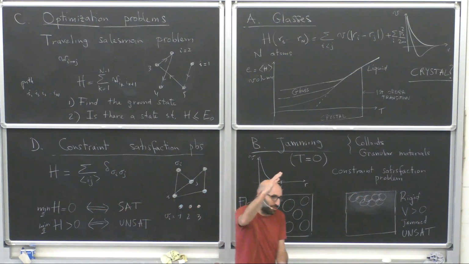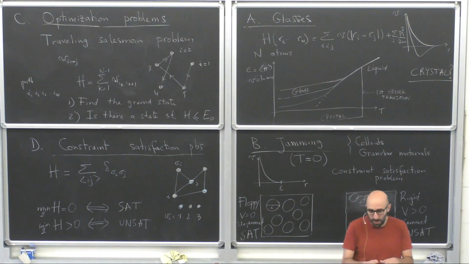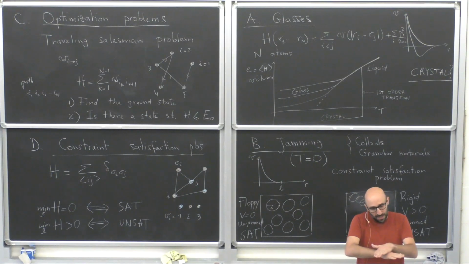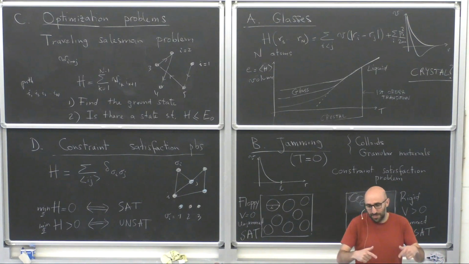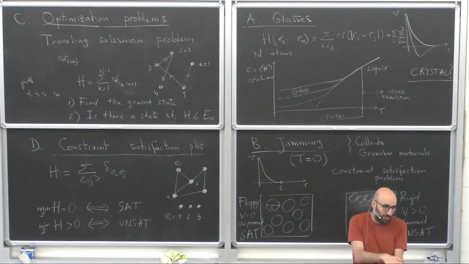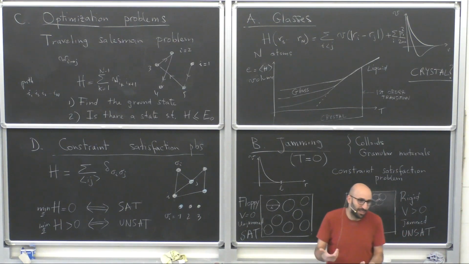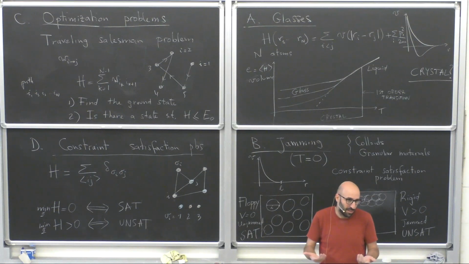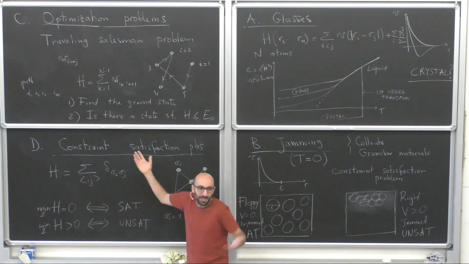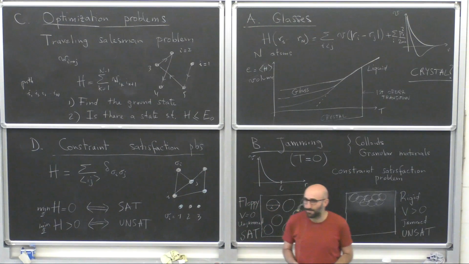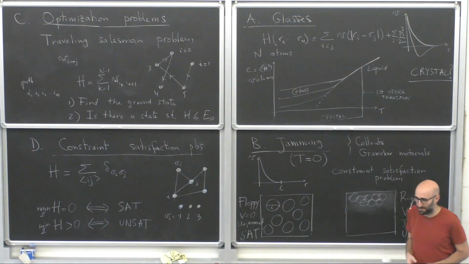You can always shift the energy. The important point is that there is a minimum value such that when the cost function is equal to the minimum, it means that your constraints are satisfied.